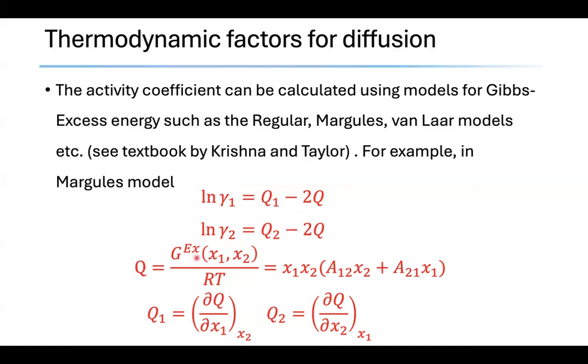Here Q is the Gibbs excess energy, which is a function of the mole fraction of component 1 and component 2, normalized by the product of the gas constant times the temperature. According to the Margules model, one assumes that the normalized Gibbs excess energy has a quadratic dependence on x1 and x2 and can be represented in the following form, where A12 and A21 are free parameters.